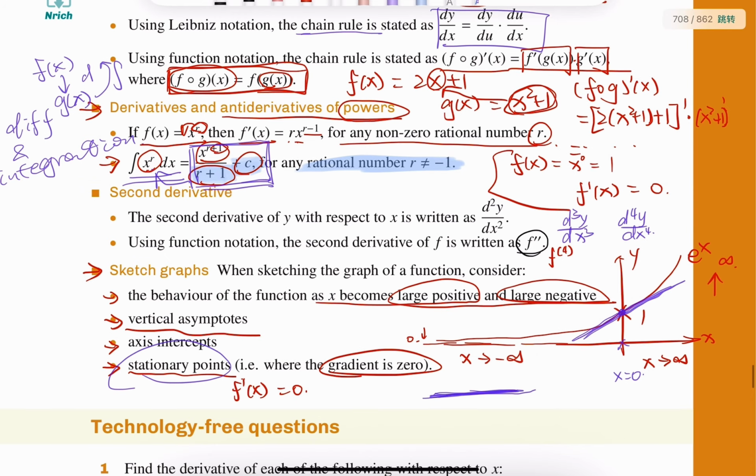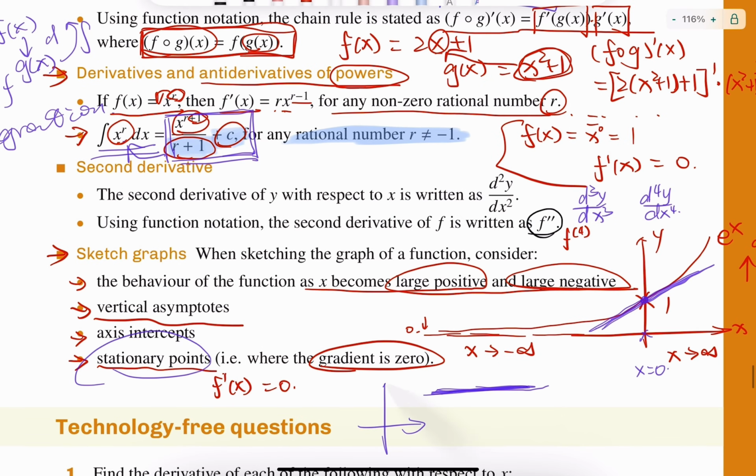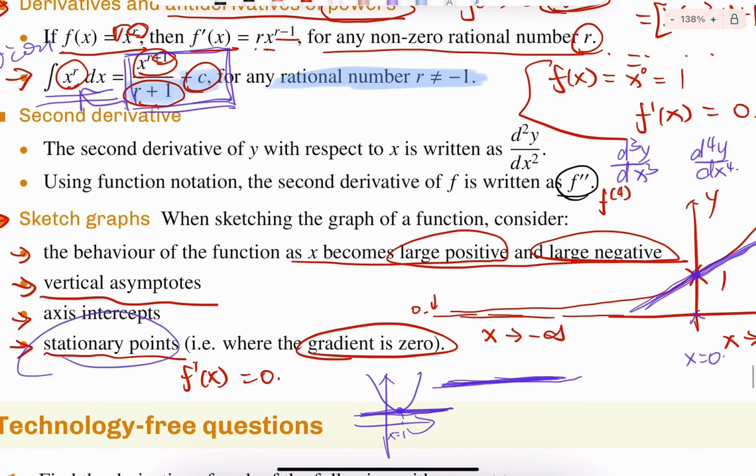Here are some cases for that. For example, we have a curve like this, and you have a tangent at this point, x equal to 1, which is horizontal, then that means the derivative at this point is 0, which means x equal to 1 is a stationary point.